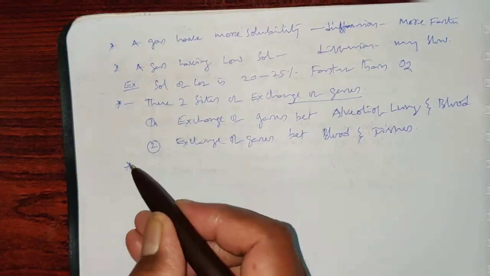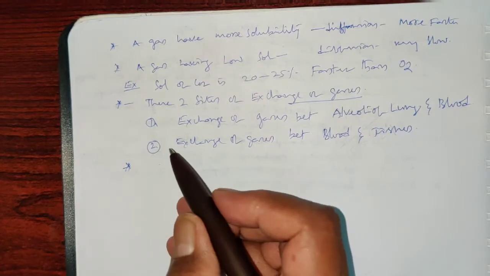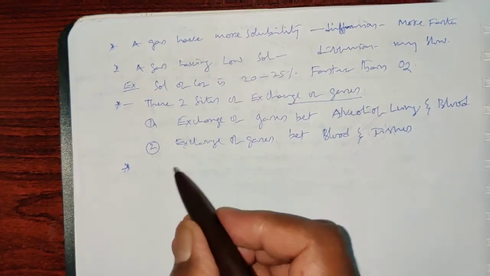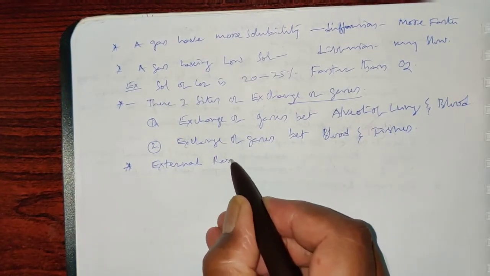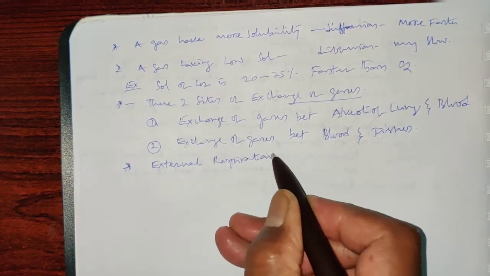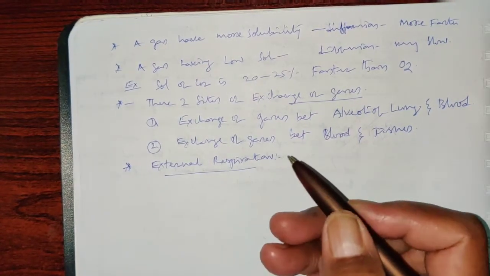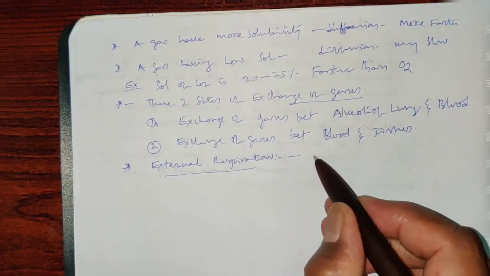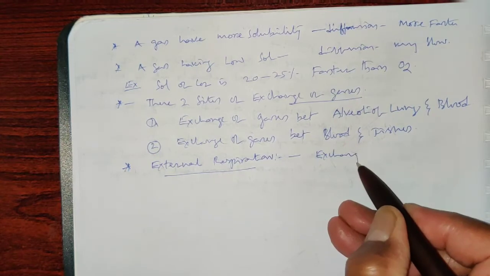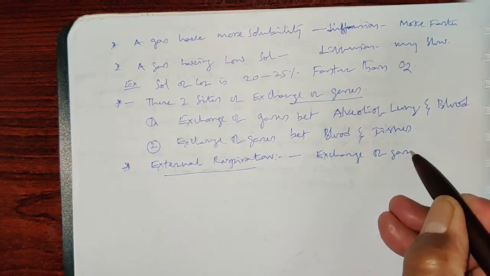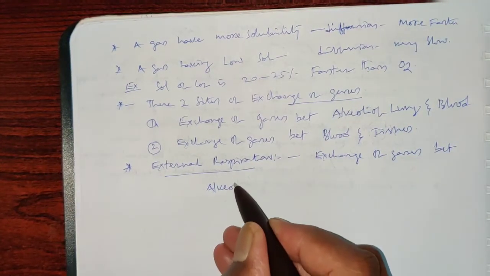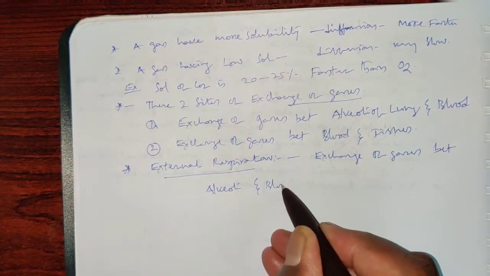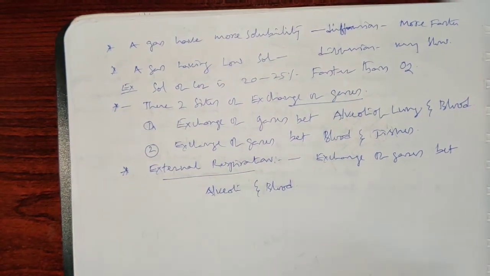Now let's see the first one, the exchange of gases, that means external respiration. It means exchange of gases between alveoli and blood.